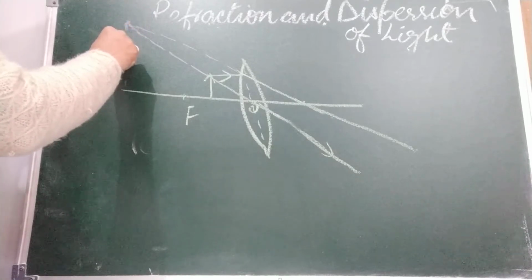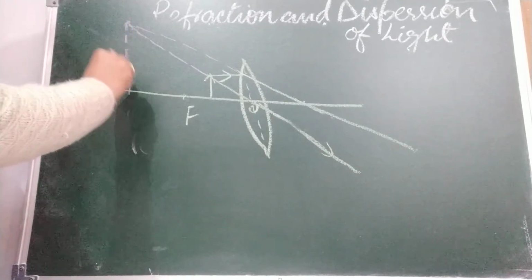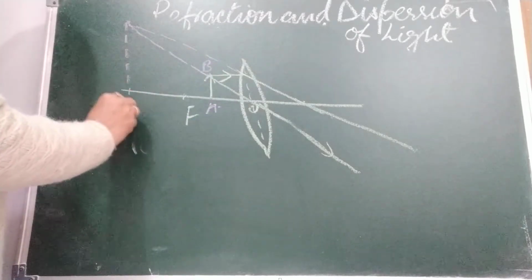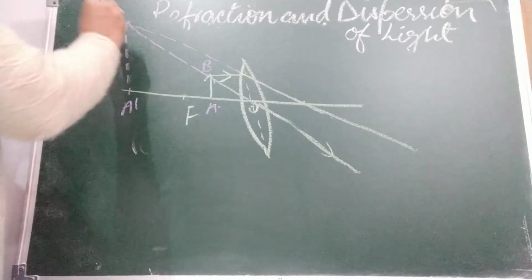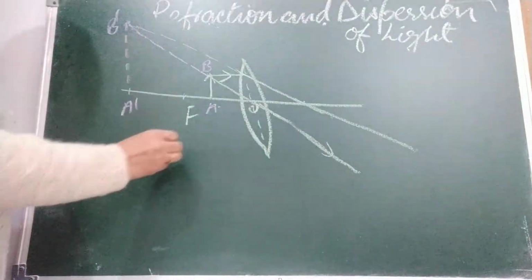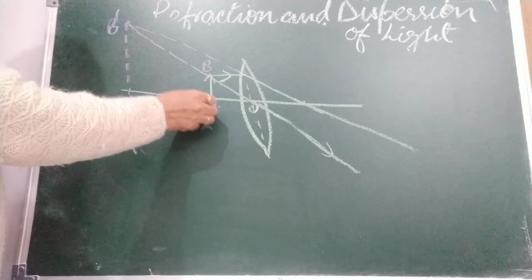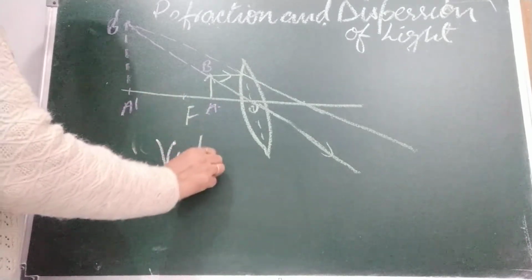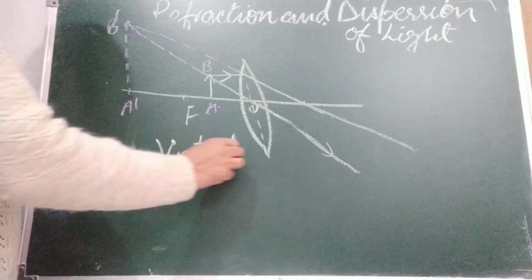This is the image, A dash and B dash. What kind of image is formed? The image is virtual because it is coming from the same side. Virtual images are always erect.